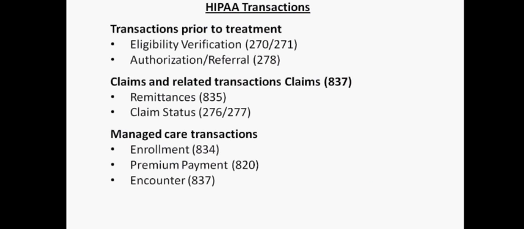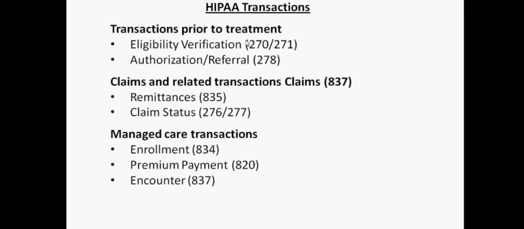So let's go a little bit more into detail on the transactions here. The same transactions we just talked about can be classified: 270, 271, and 278 are all transactions prior to the treatment, right? Before a physician provides any service, or if a member seeks health service, these transactions are executed. For example, eligibility verification, right?